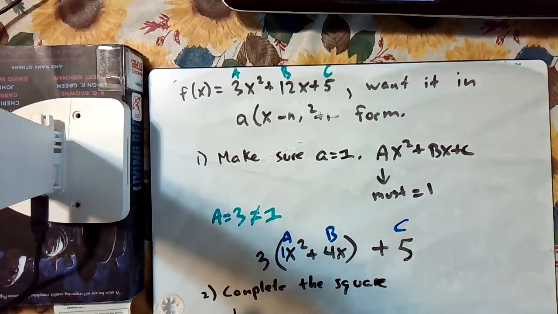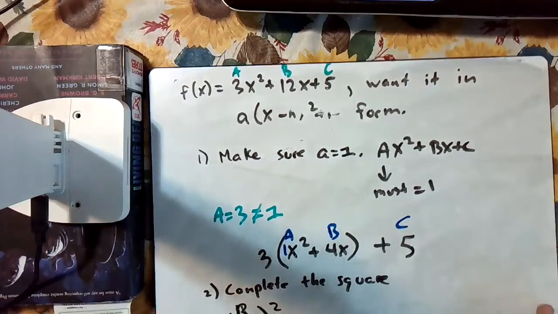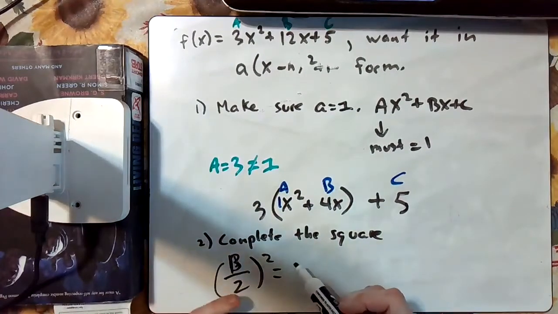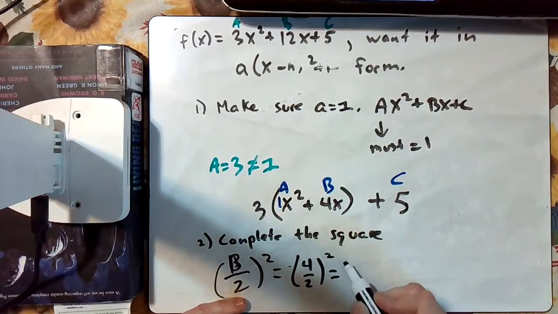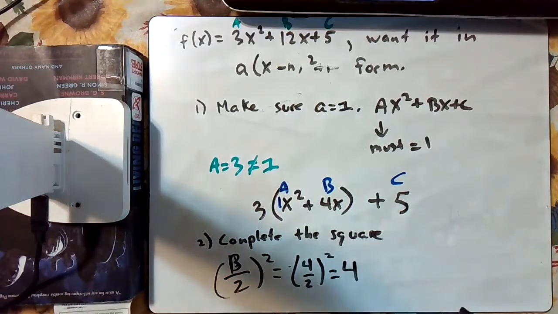So now we're completing the square: b over 2 squared. What was b in our instance? 4. So you're going to have 4 over 2 squared, and that's just 4, right? Because 4 divided by 2 is 2. 2 squared is 4.